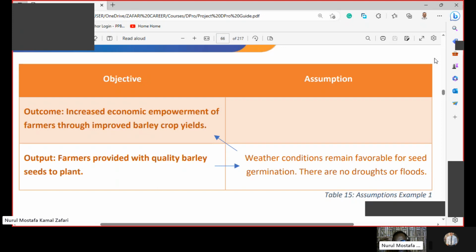But if there is a drought or floods, the outcome will not be achieved, which means we cannot reach the outcome level. So if the assumption holds true that there is no drought and flood, and the weather is good for germination, we can achieve the outcome.